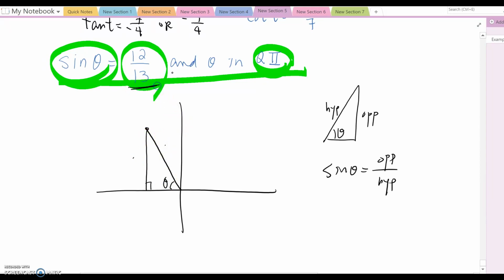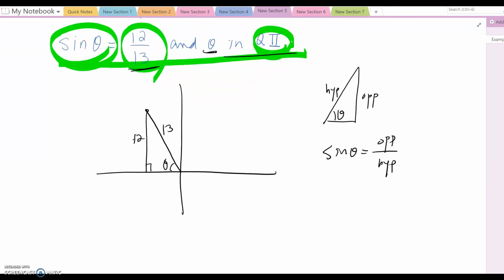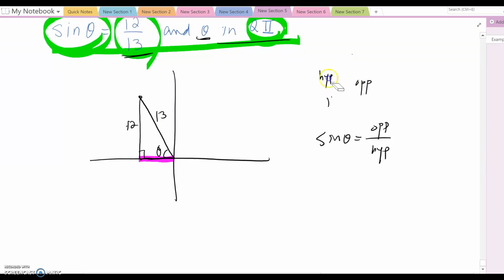Based on this value, we can define this as 13, this as 12. And the reason I draw this triangle in the second quadrant is that theta is in the second quadrant. Then using the Pythagorean theorem, you can find this length here. So let's find out.